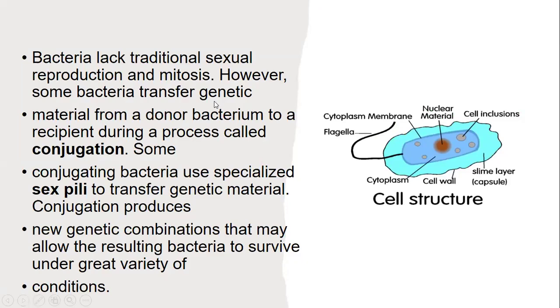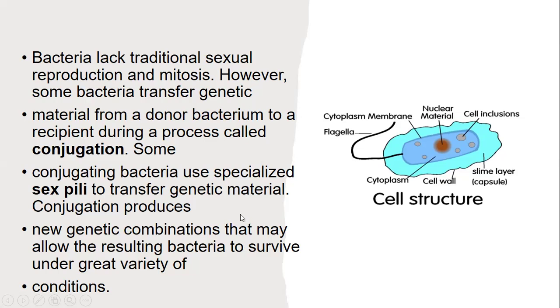Bacteria lack traditional sexual reproduction and mitosis. However, some bacteria transfer genetic material from a donor bacterium to a recipient during a process that is known as conjugation. Some conjugating bacteria use specialized sex pili to transfer genetic material.